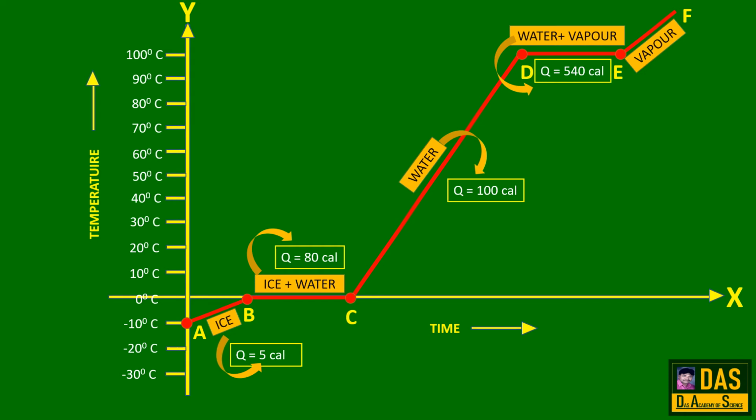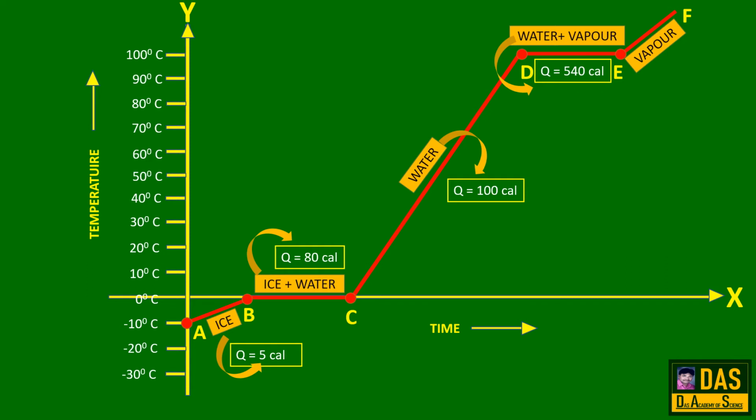So let us summarize the following. If the mass of the substance is 1 gram, then the heat energy required to change 1 gram of ice at minus 10 degrees Celsius to 1 gram of ice at 0 degrees Celsius is 5 calories.